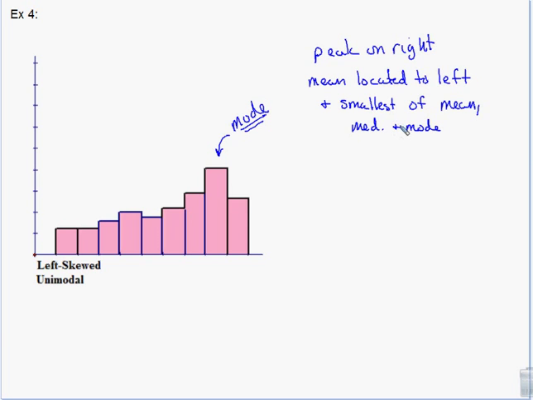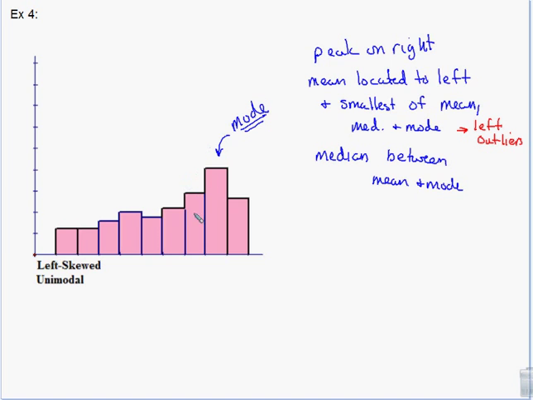When it's left skewed, the mean is the smallest in number. The median, again, is going to be between the mean and the mode. And again, the reason it's being pulled to the left is because of left outliers. So that's why it's left skewed.